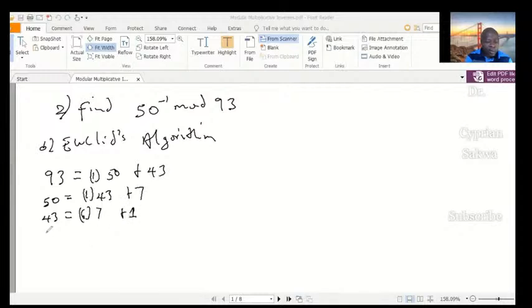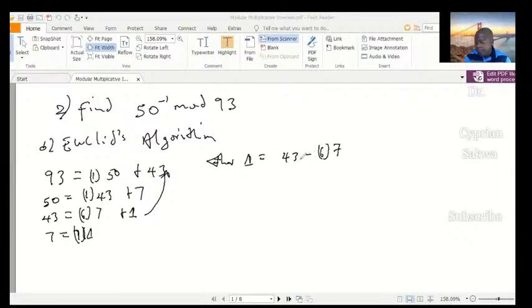And then 1 into 7 goes 7 times, and the remainder will be 0. So 1 is the GCD, so we reverse this. We write 1 equals 43 minus 6 multiplied by 7. So just reversing.